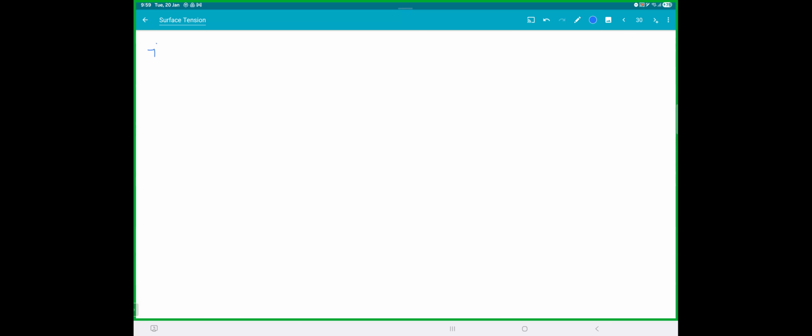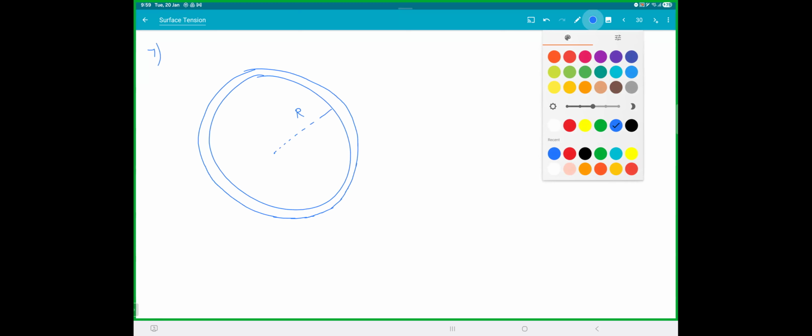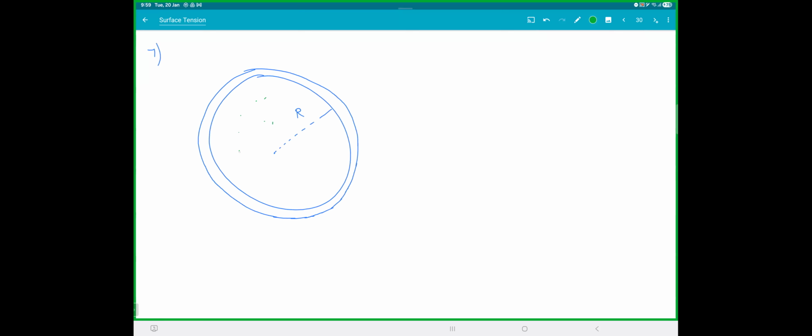Let's see something a little better. So we have a soap bubble, radius R, filled with air.